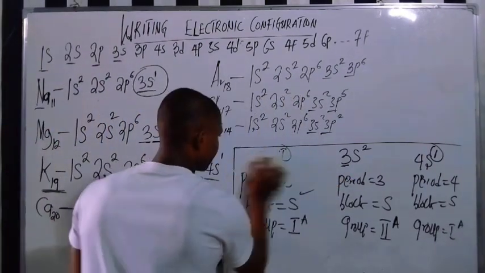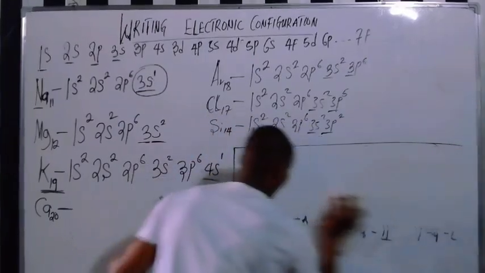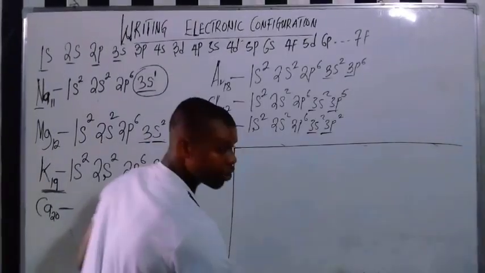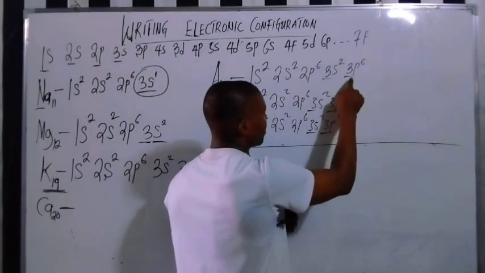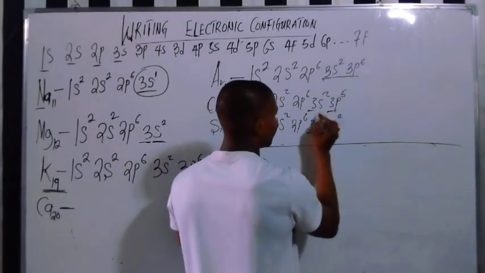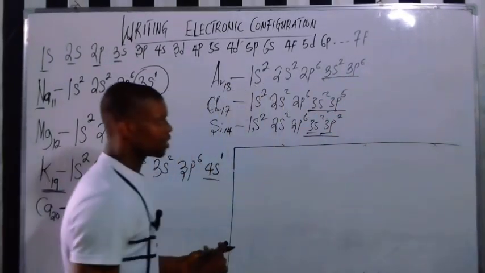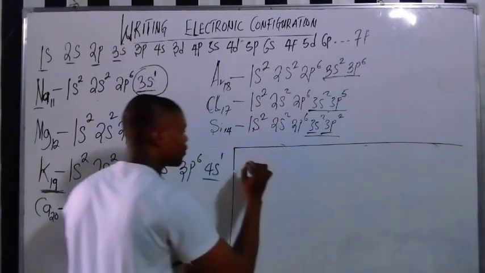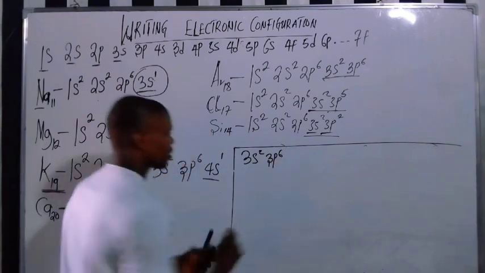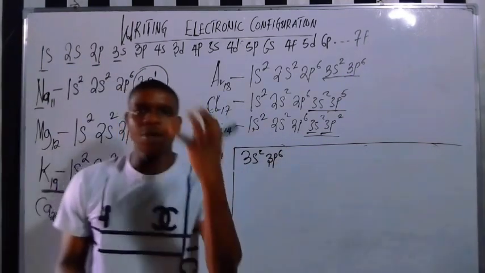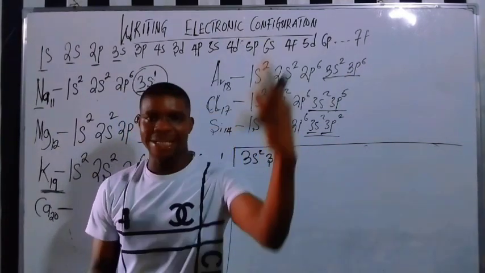Now let me show you this stuff. Yeah, it's very easy. It's not difficult. Now if you check, because here we have 3s, 3p, you have to take this one first. So we have 3s2 3p6. Can you see that? The period is always at my highest energy level.